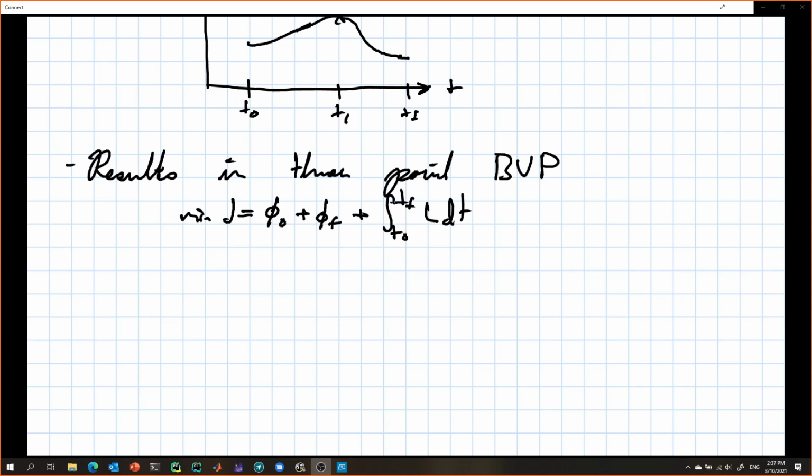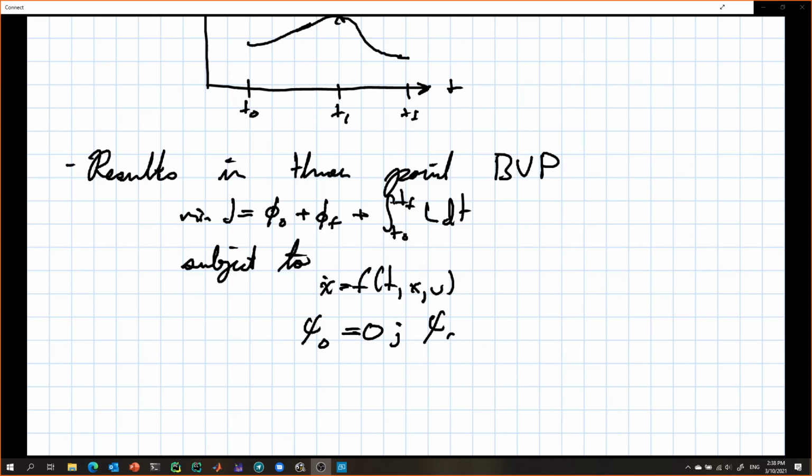And then we have our path cost, subject to x dot is equal to f, and psi naught is equal to 0. So these are as before. And then I'm adding this psi 1 is equal to 0 as well.